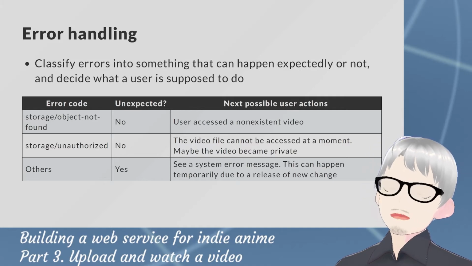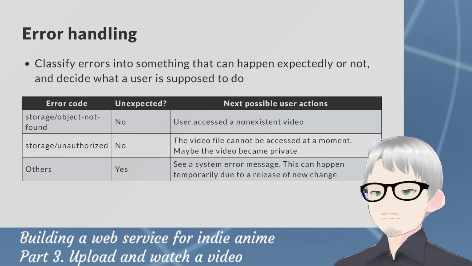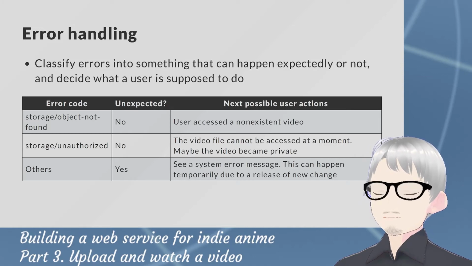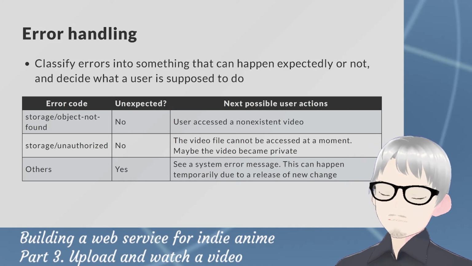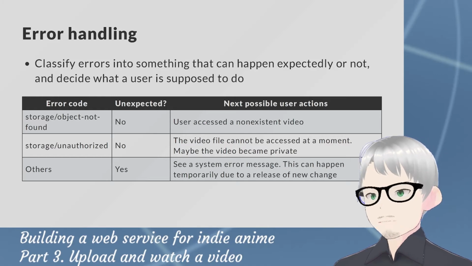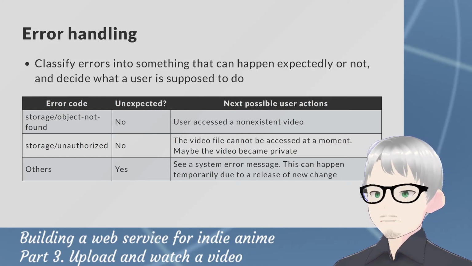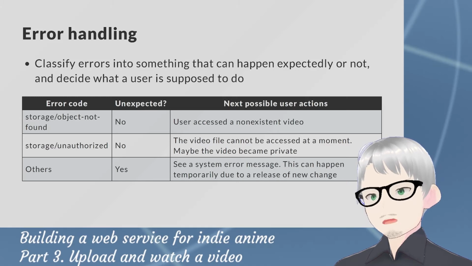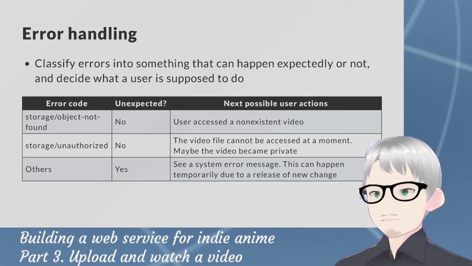The other case is when a user cannot watch the video due to a lack of permissions to the cloud storage based on the security rules. So even though I don't implement anything to unpublish the video file, it could happen in the future.